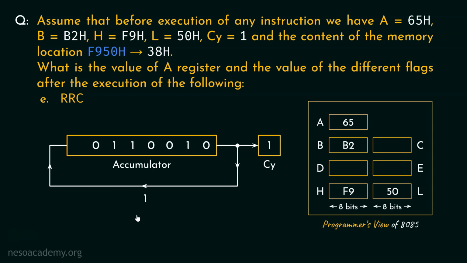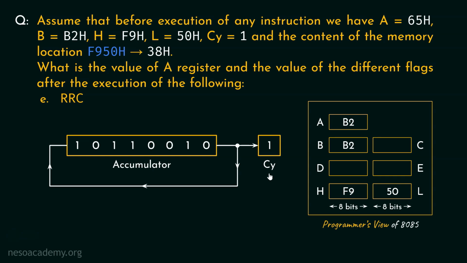So the least significant bit, which was 1 previously, will now become the most significant bit. Now notice, within the accumulator, we have got the 8 bits 1011 followed by 0010. 1011 in hexadecimal is B and 0010 in hexadecimal is 2. So the contents of the accumulator register is going to be B2.